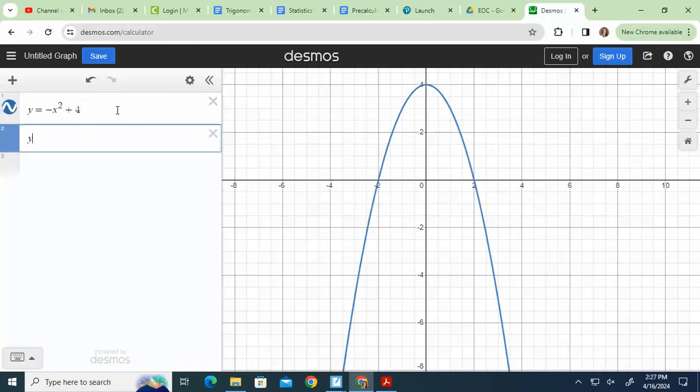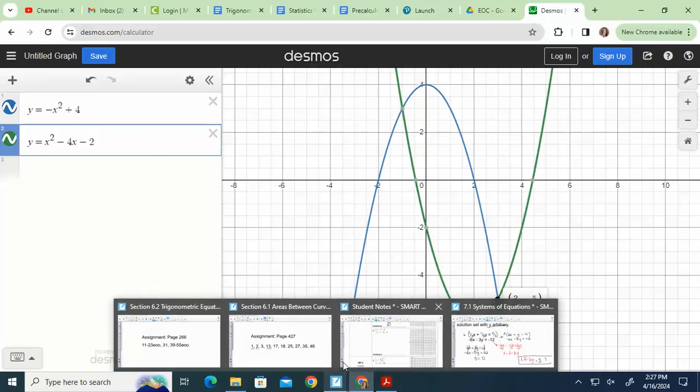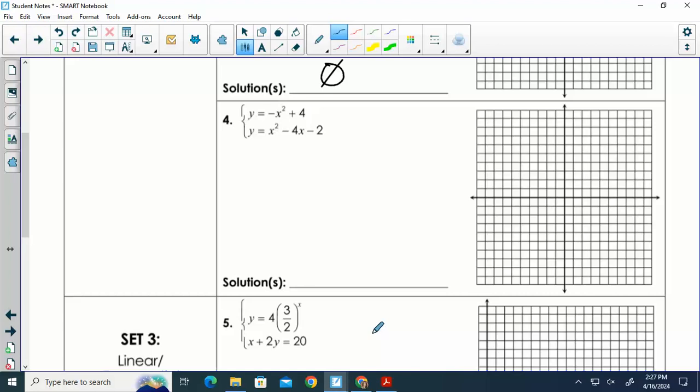And the second one, y equals x to the second minus 4x minus 2. So we can see the first point is negative 1, 3, the second, 3, negative 5. It does not matter what order you write those down in. You just have to have them. All right, did everybody get those?